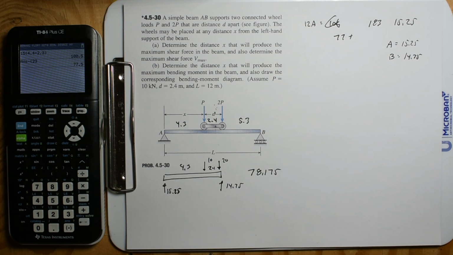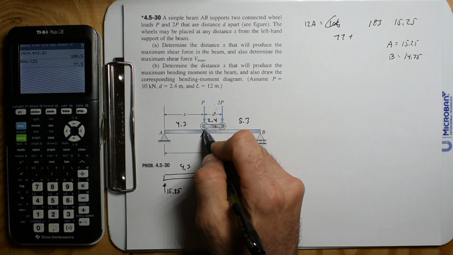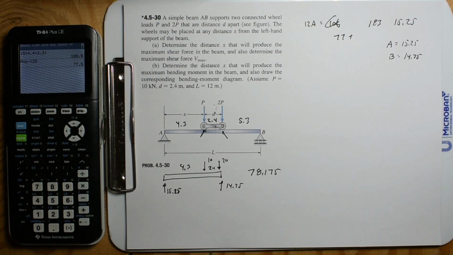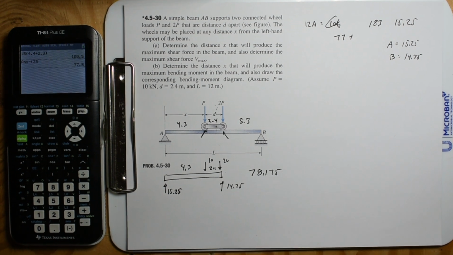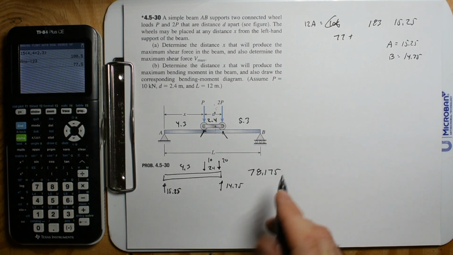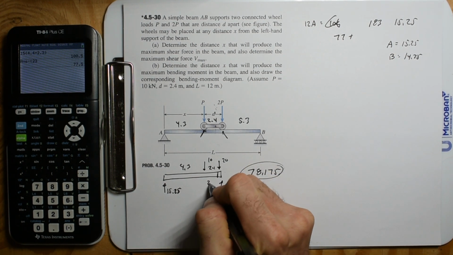So it makes me think that we actually need to come up with an equation to solve the location of this. But before we do that, let's take this example. We got a bigger number, but let's take this example and cut it at 2.3.